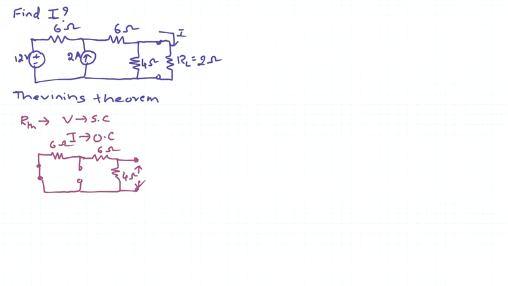So in order to find R Thevenin, we have to see the nodes. Here we can see there is a node. Okay, here it is open circuited, so there is no node at this point. Here there is a node. So we can redraw this circuit in this way.